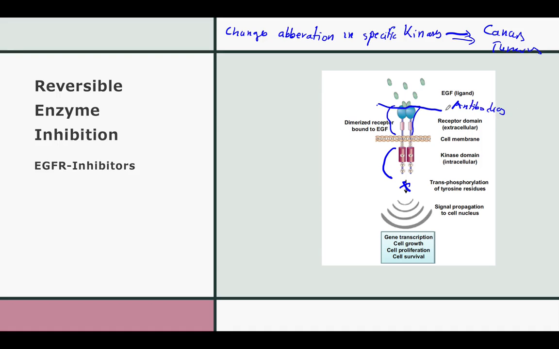And there are some drugs on the market for that. Another way to do it is to inhibit the kinase enzymatic function of the receptor. And that can also be done by designing specific inhibitors that are going to specifically bind there and inhibit the activity of those kinases. Okay?